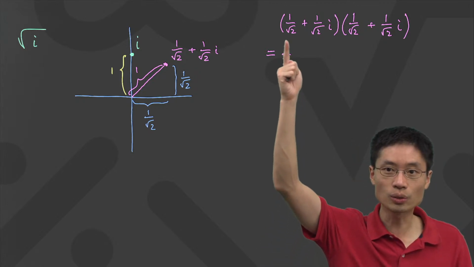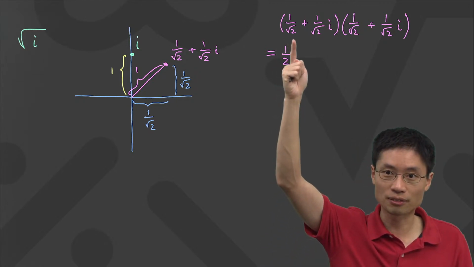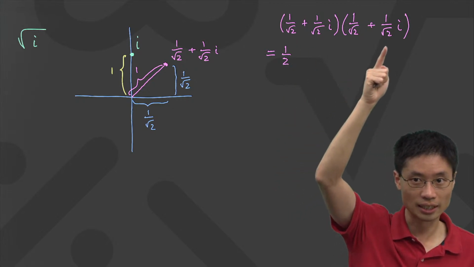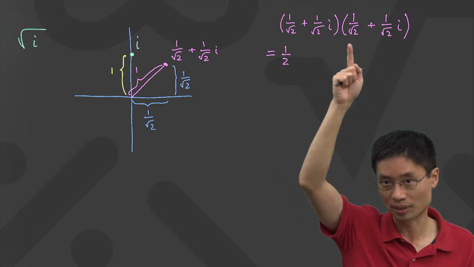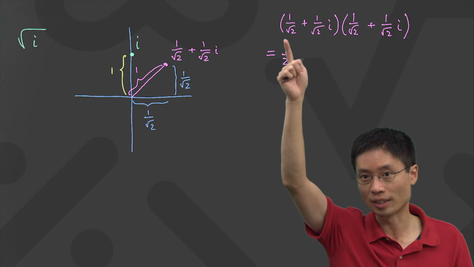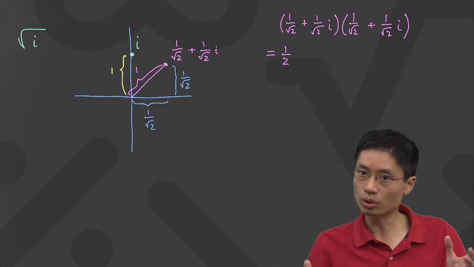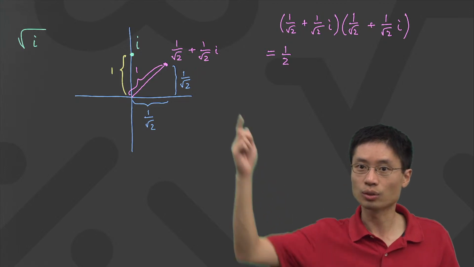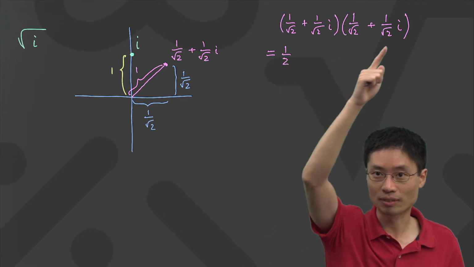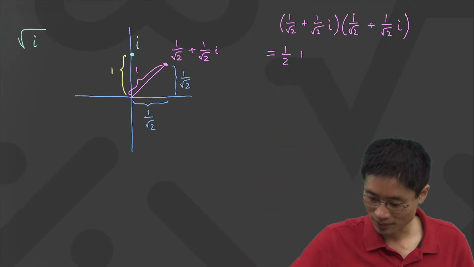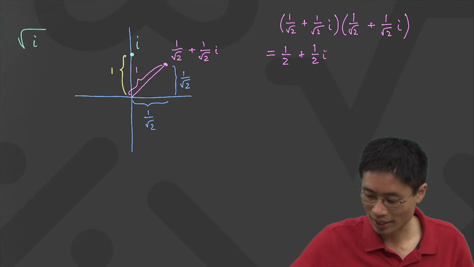I'll also get 2 copies of the same thing, because the first thing here times the second thing there is the same as the second thing there times the first thing there. So let's see. One of them would be 1 over root 2 times 1 over root 2 i. The root 2 and the root 2 make a 2, so you'd get a 1/2 i, okay?